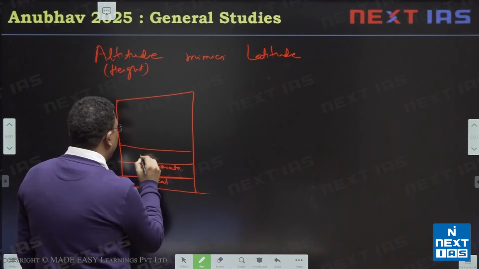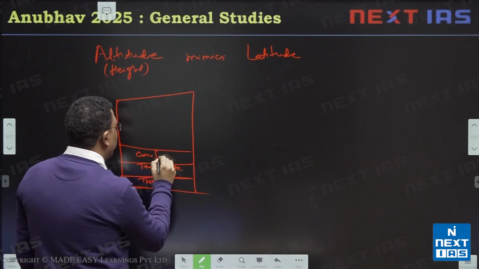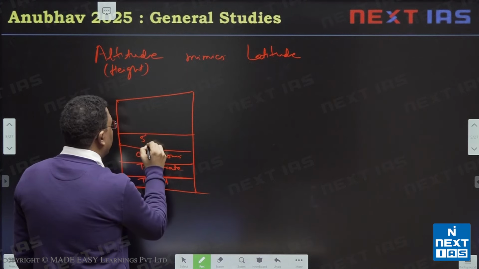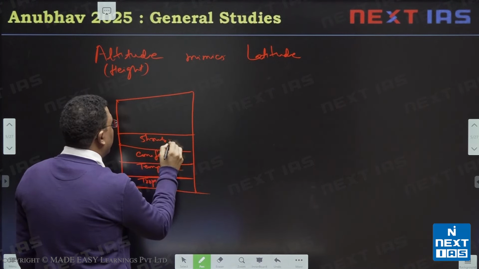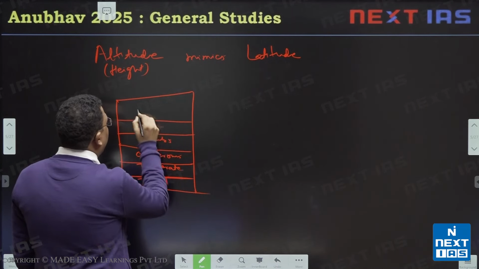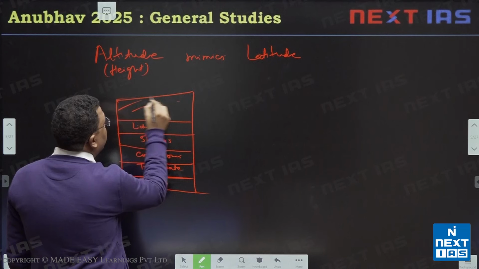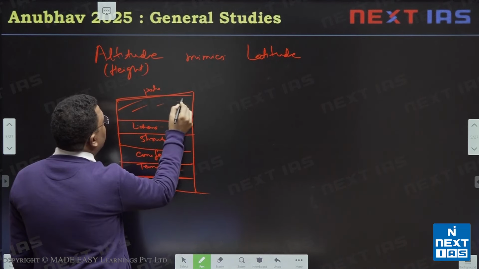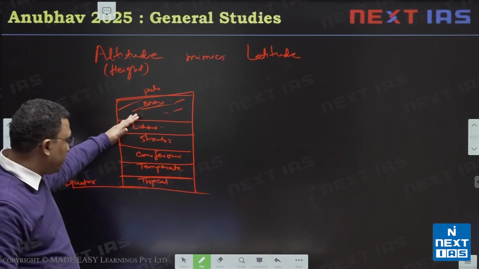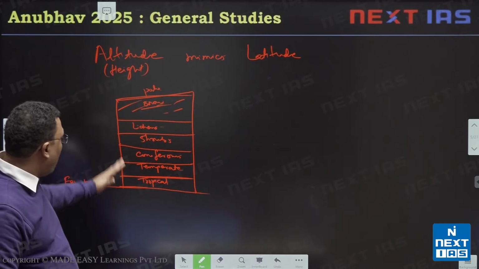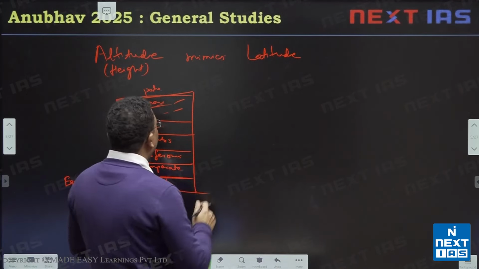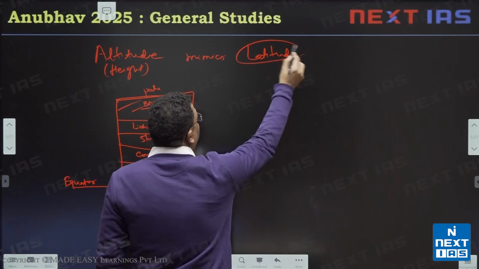Then the next band will be coniferous. That will be followed by shrubs, and the next band will be lichens and mosses, and the upper part which is near to the pole will be basically snow covered. So this is the distribution as we move along the latitude from equator to pole.